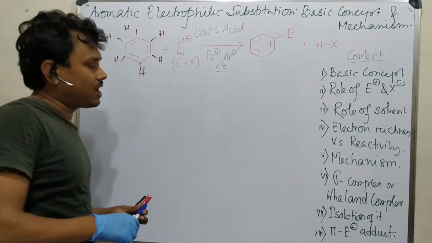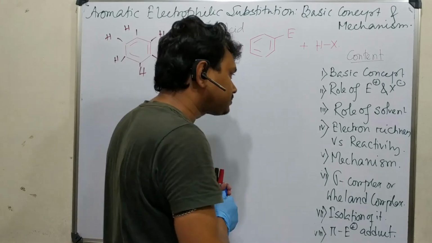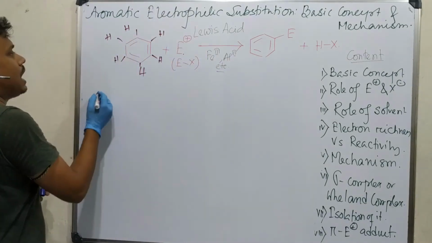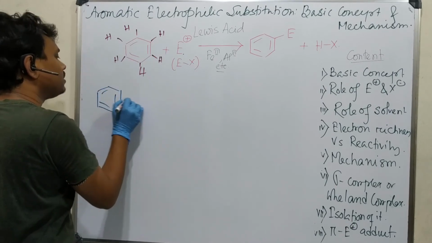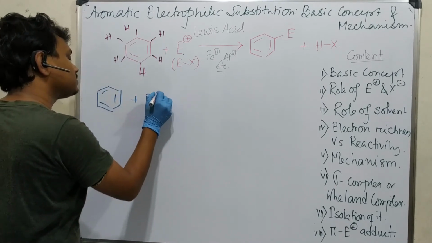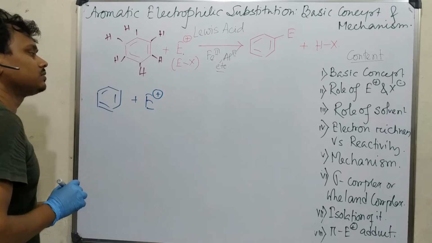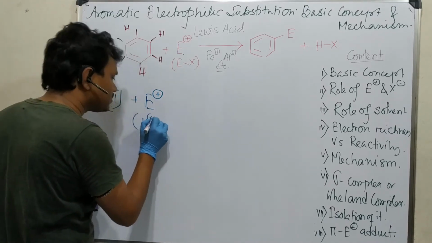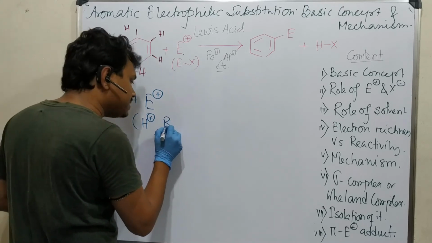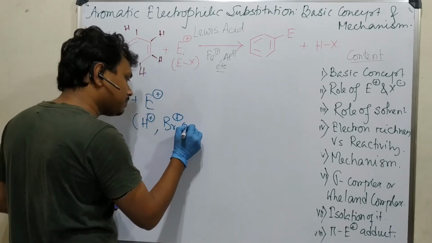So let's now discuss the mechanism. What happens? Initially this benzene reacts with this E plus. And by the way, E plus could be H plus, Br plus or Cl plus.